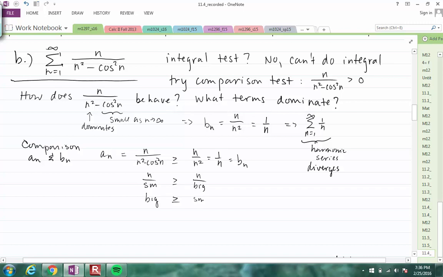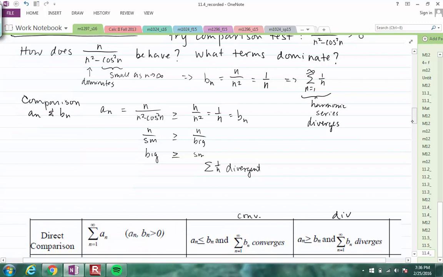So then I can track my inequalities up to make the comparison. We have our harmonic series, which is divergent, and this inequality is in the correct direction to help us, and I'll scroll down here so you can see that.